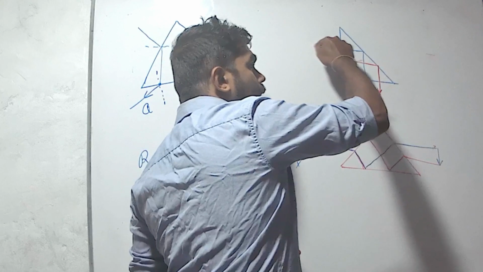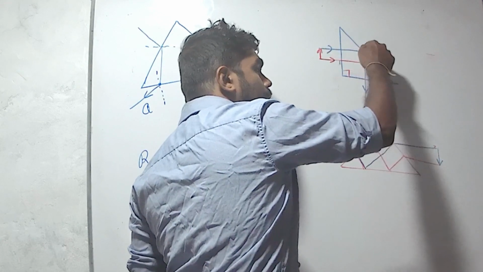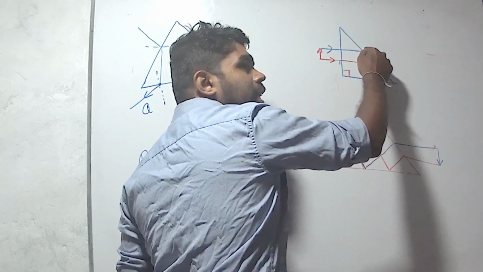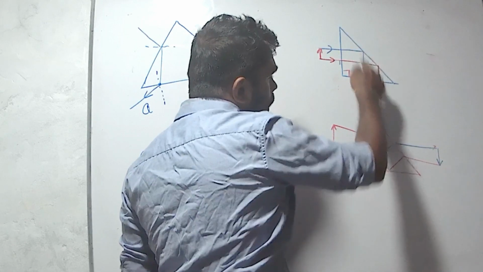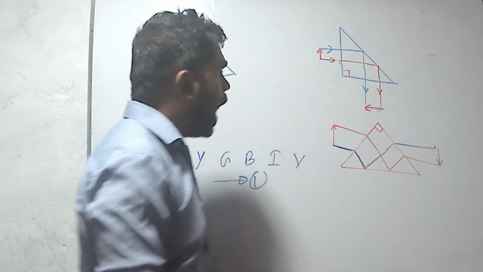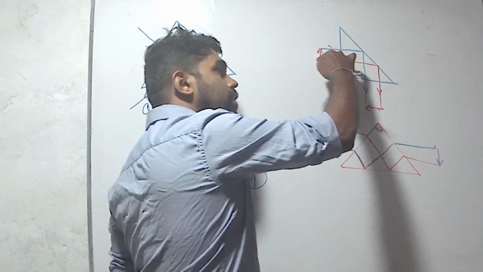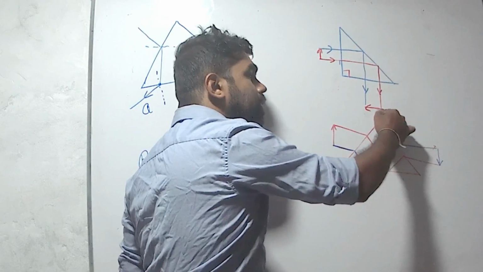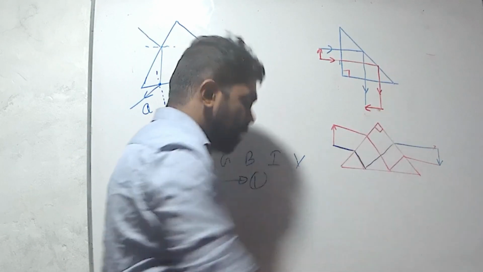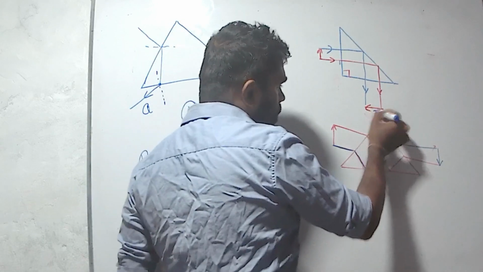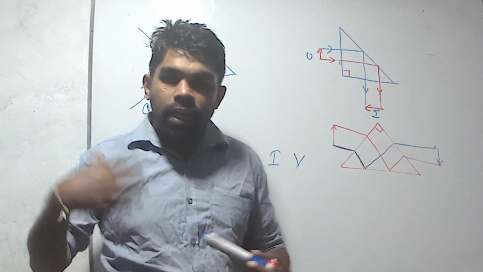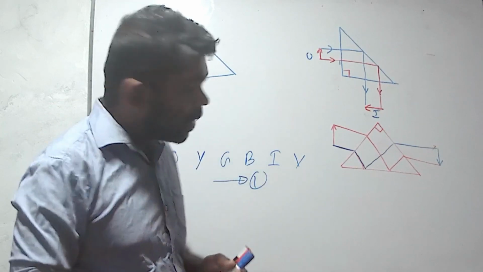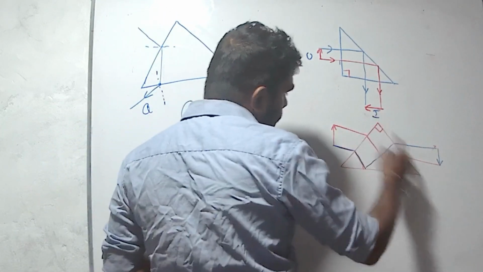If this ray is incident on the prism, we can observe that there is a total internal reflection at this place, and the ray should be like this. And when considering this ray, it's also like this, and then we can observe an image at this place of this object. And we can get correct answer C by using the prism in this way.